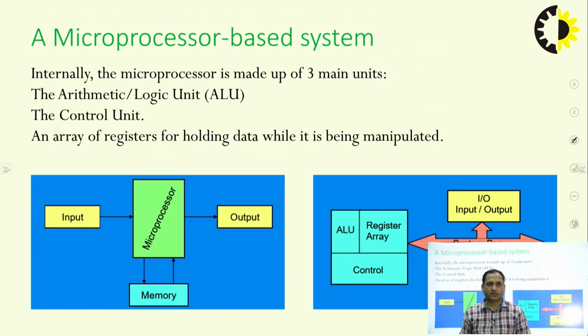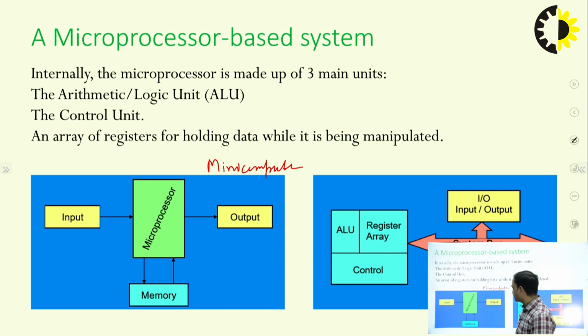The microcomputer is made up of 3 main units: first the ALU, arithmetic logic unit, then the control unit, and all the registers. So it shows the mini computer. Any computer is depicted like this, comprising the microprocessor as the central part, and around it we have the inputs like keyboard and mouse.